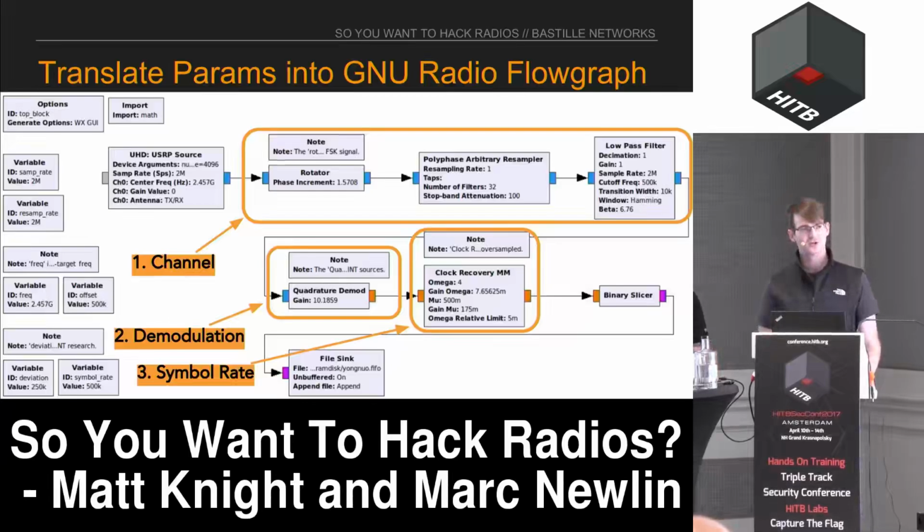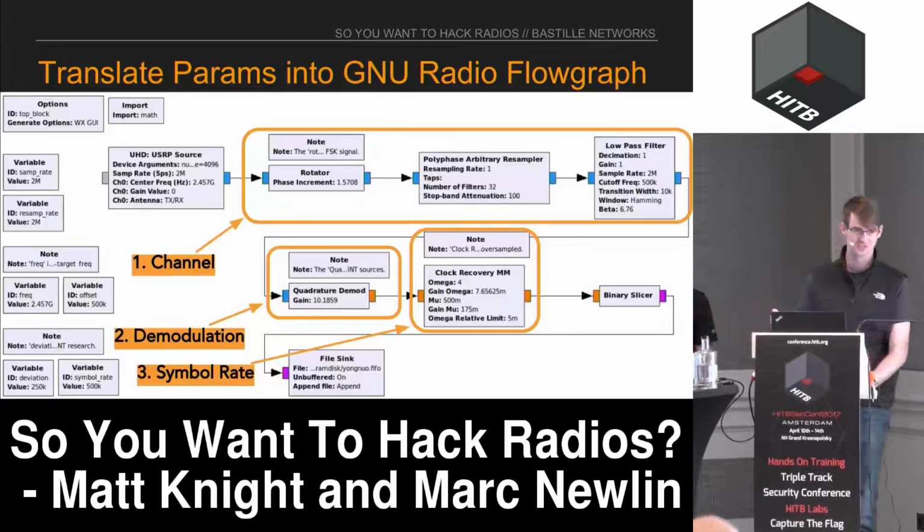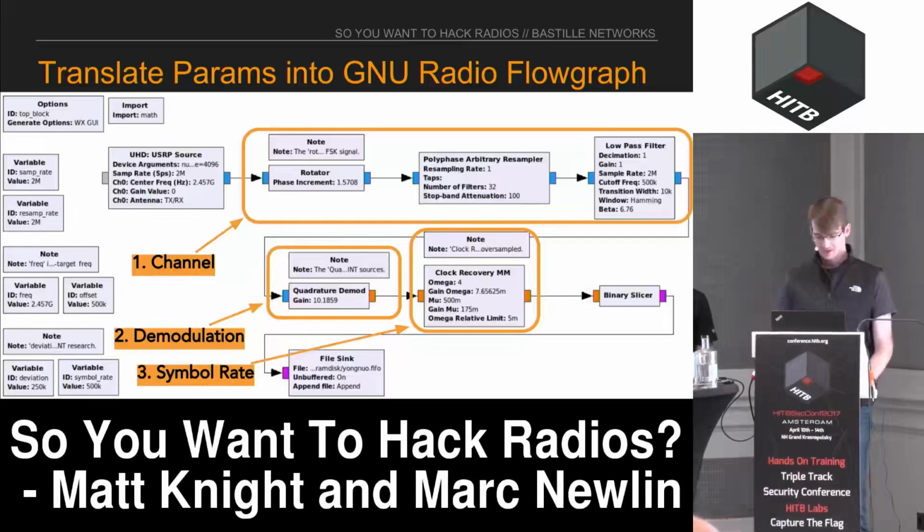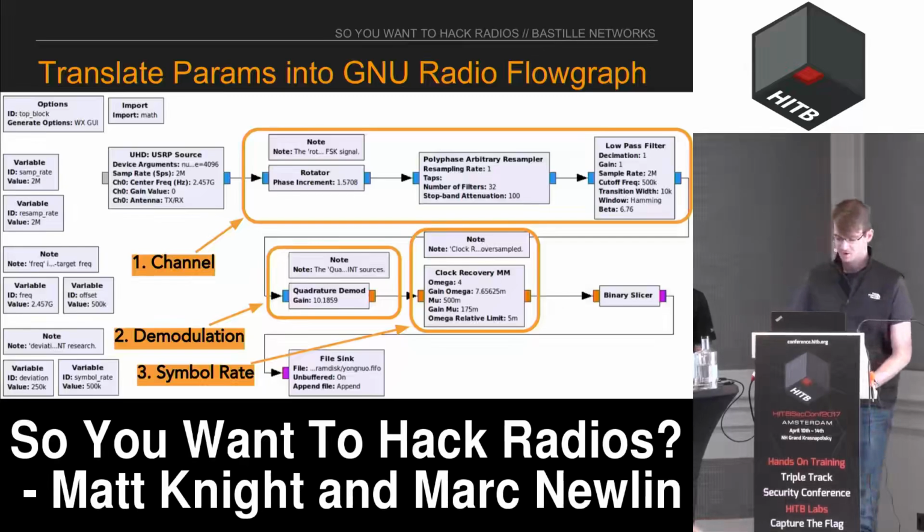And quadrature demodulation is a means of doing FSK demod. It has that scary floating point gain value in there, but that's auto-populated in GNU Radio, and it's just taking the values that we're providing in the variables. So, no knowledge or math required there, just being able to Google some stuff and plug some numbers in. And finally, on the right, we have clock recovery.